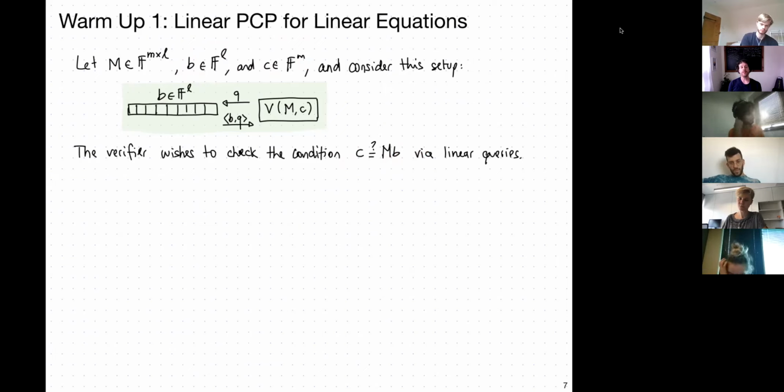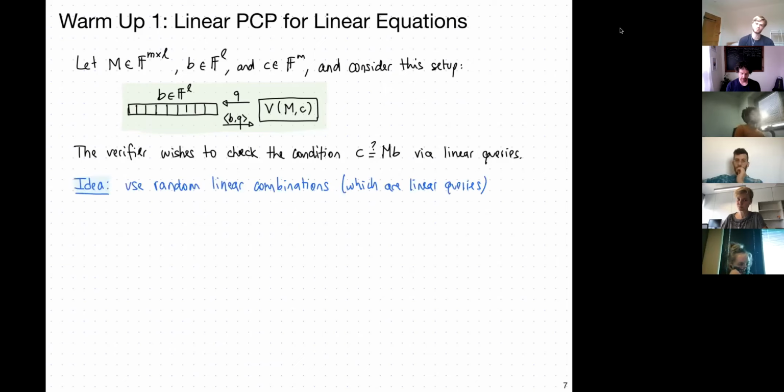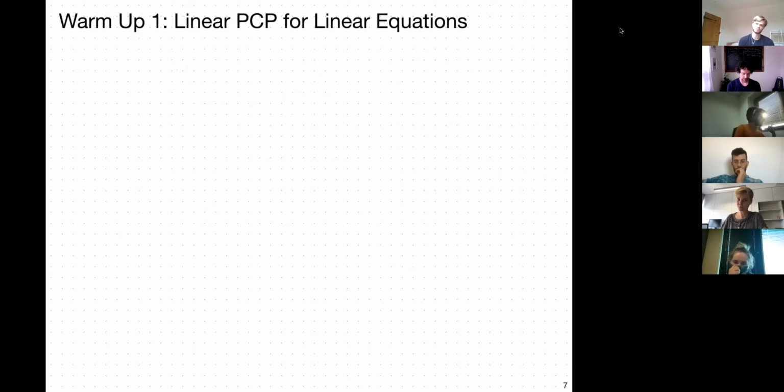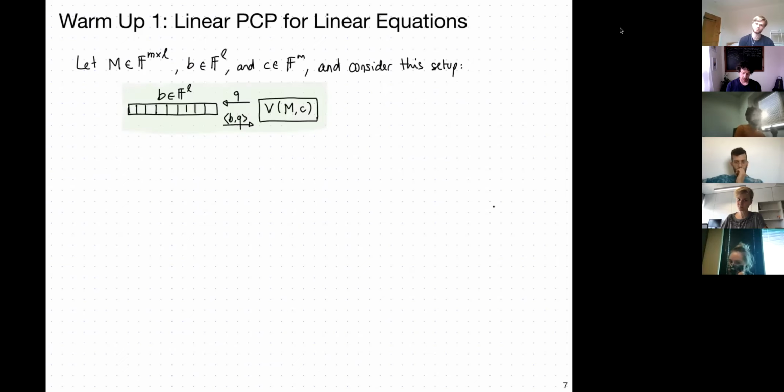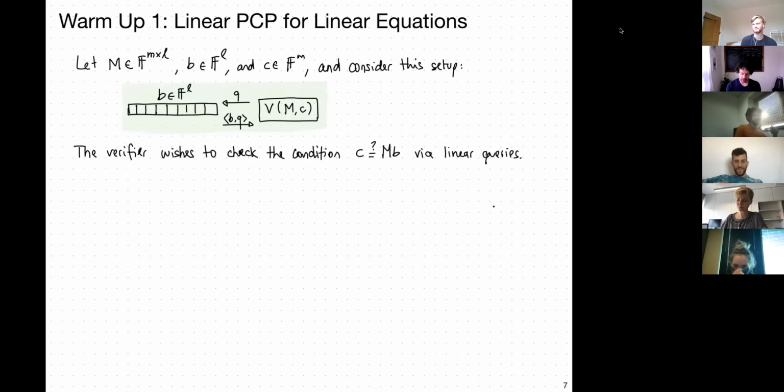And now we are augmented with this nice power that we can take linear combinations of the elements in B. So maybe just to make it slightly easier to parse, I have this M here, and we can remember we have M, these are all of our linear equations.